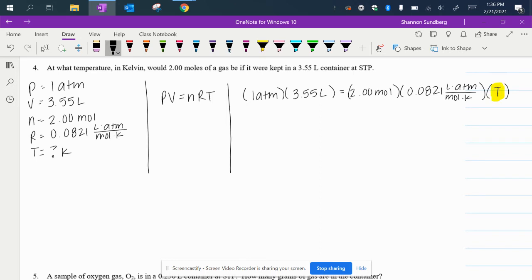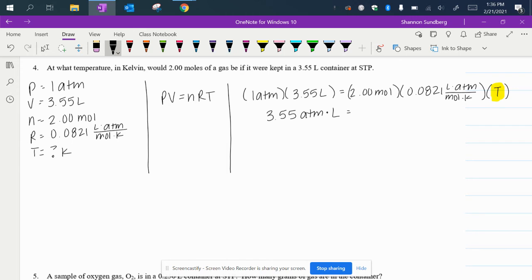I don't like to plug too many numbers into my calculator at the same time. It's just easier to make a mistake that way. So I'm just going to clean up all my numbers. So on the left side there, I'm going to multiply 1 times 3.55, and that will be 3.55. And I'm going to pull down my units, ATM times liters.